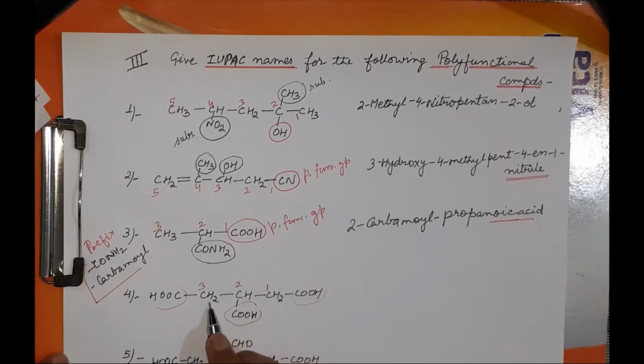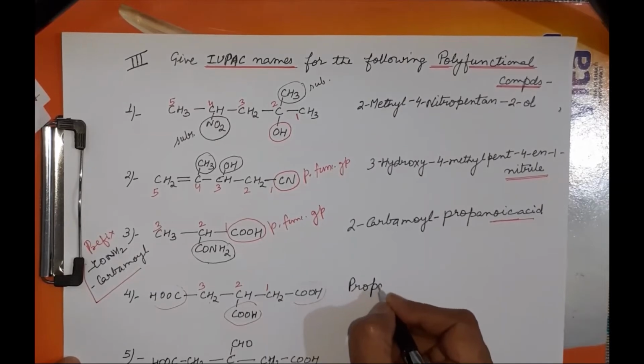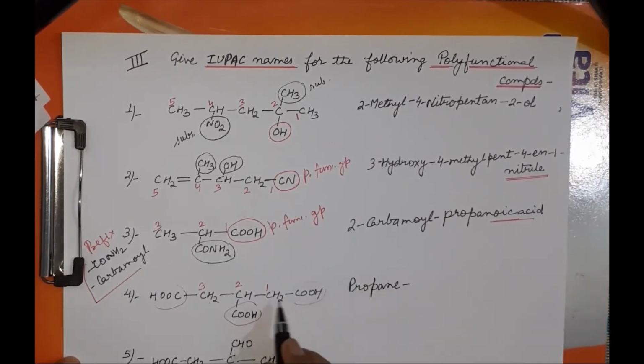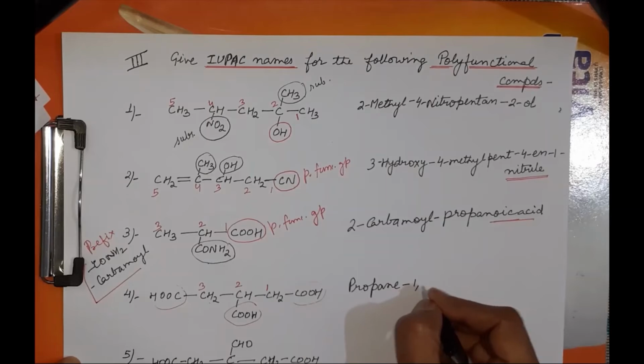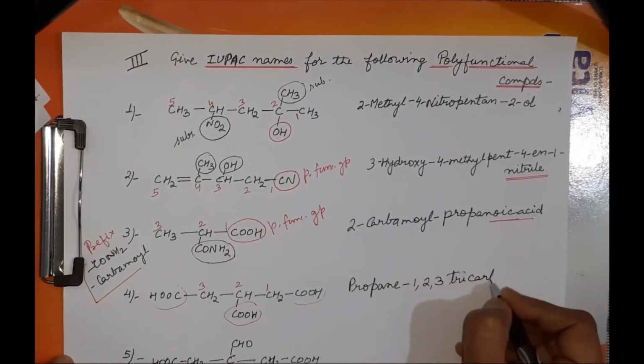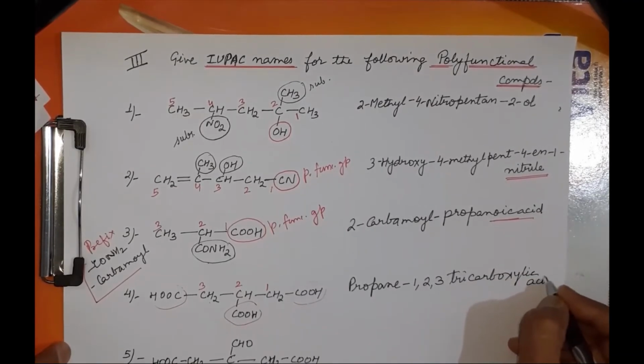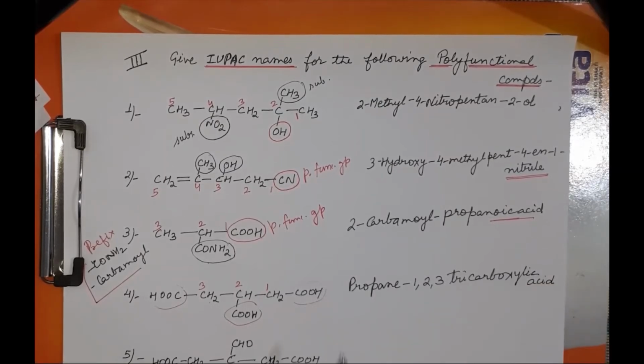Because this is a 3-carbon atom parent chain, we will write propane 1, 2, 3 tricarboxylic acid. So this will be the name. Because all three functional groups are same, we will write the name like this: propane 1,2,3 tricarboxylic acid.